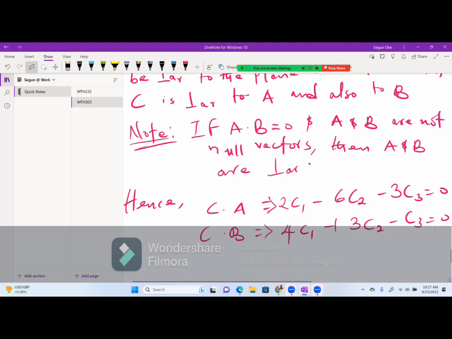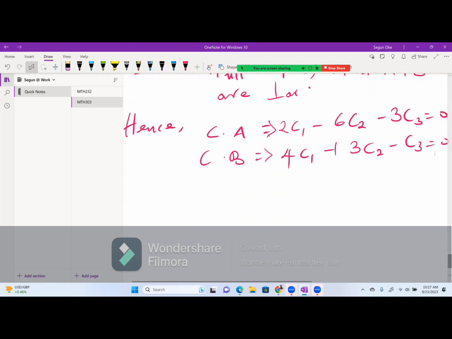So we can now go ahead and solve this simultaneously to get our C1 and C2. Go and solve it simultaneously; I'm not going to solve it for you.